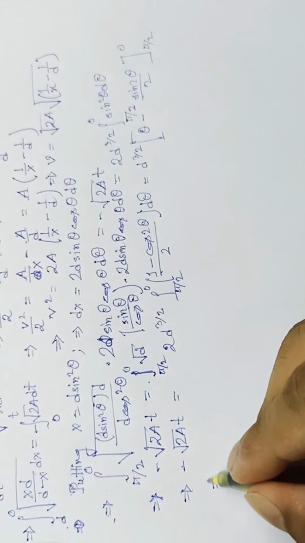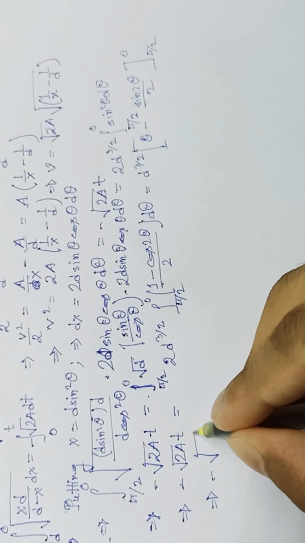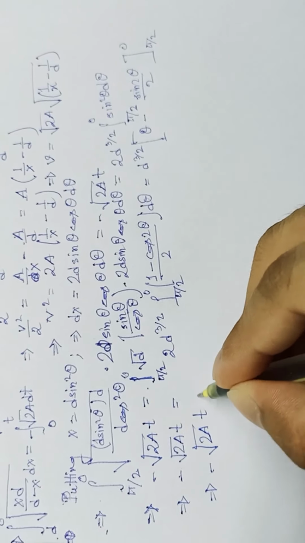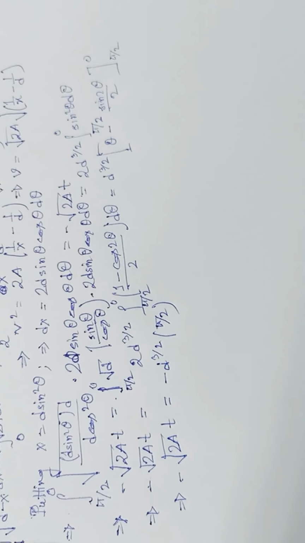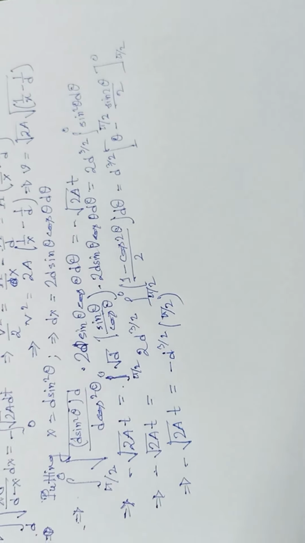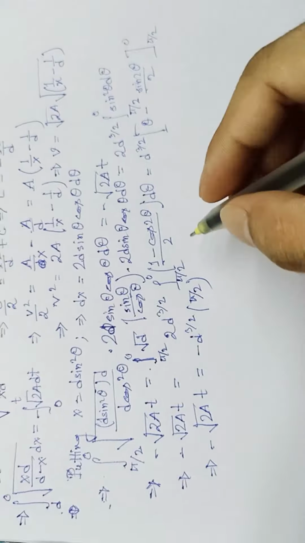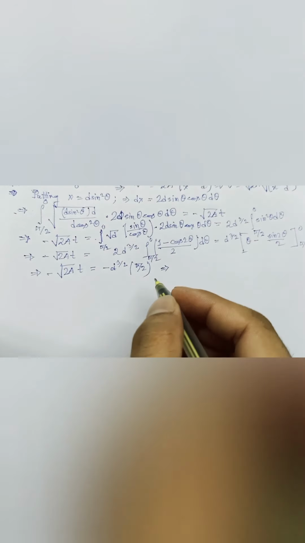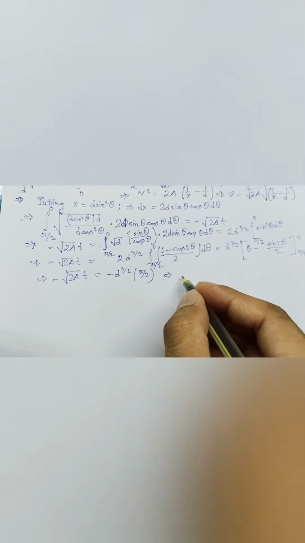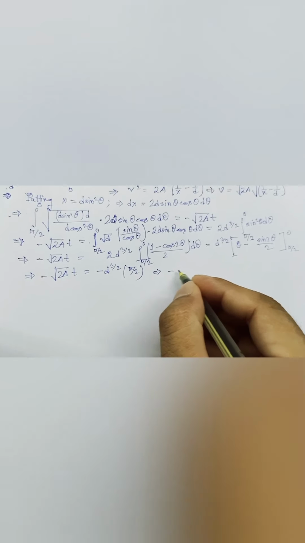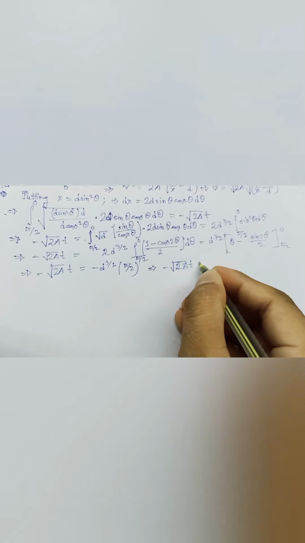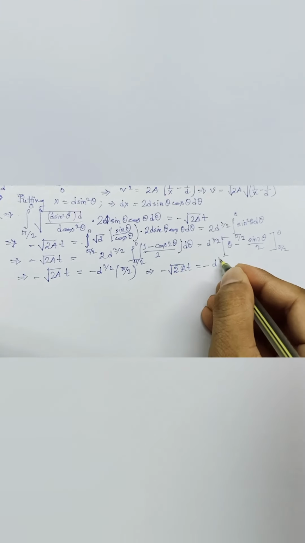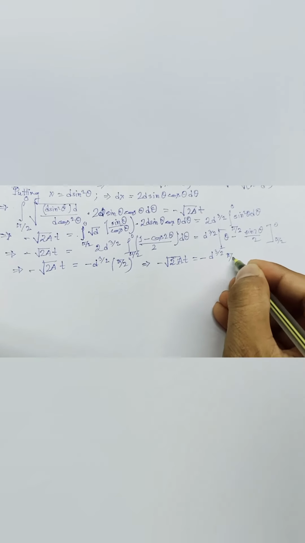So if we put this limit, then minus root 2a into t will become minus d to the power 3 by 2 into pi by 2.